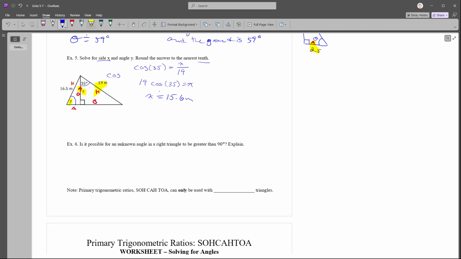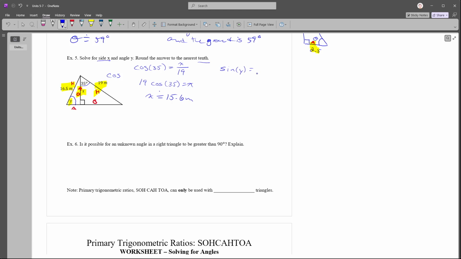So that means that we have the opposite. We're looking for the angle y. We have the hypotenuse. So we have O and H. SOHCAHTOA. So sine of our reference angle, which is, oh wait, that's what we're trying to find. Yay.